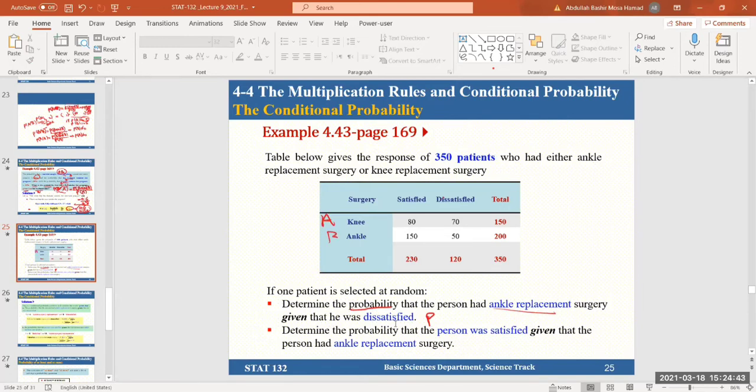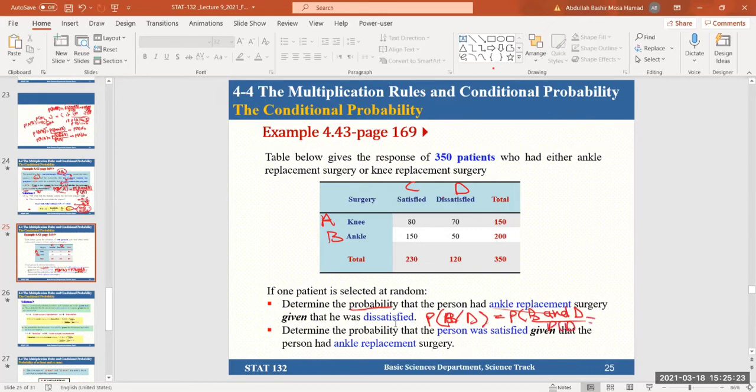Find the probability that the person had ankle surgery, given that he was satisfied. P of B given D equals P of B and D over P of D.